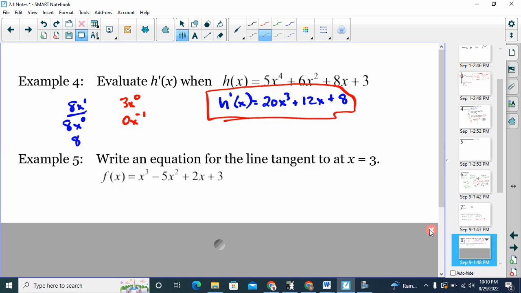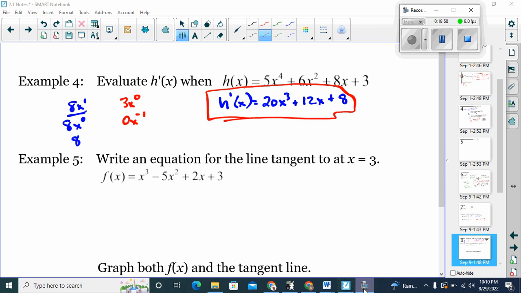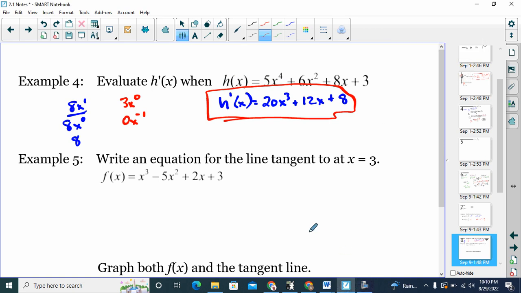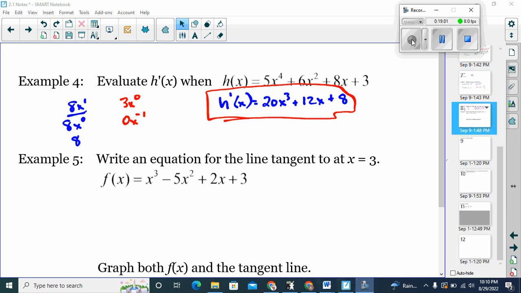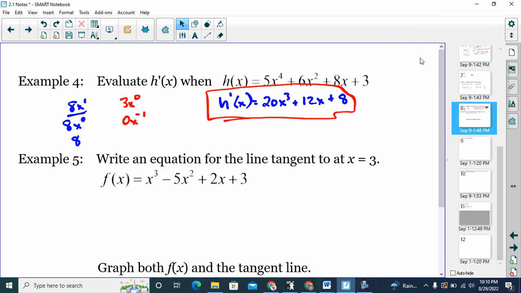Example 5 asks us to write an equation for the tangent line at x equals 3. So given f of x, we need to write an equation for a tangent line at a specific x value. To write an equation of a line, we need two things.